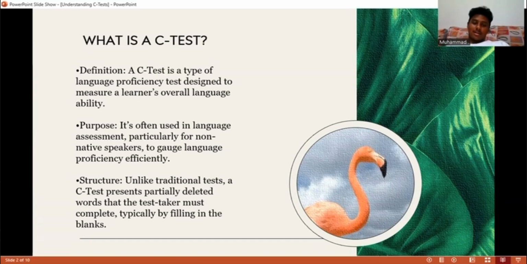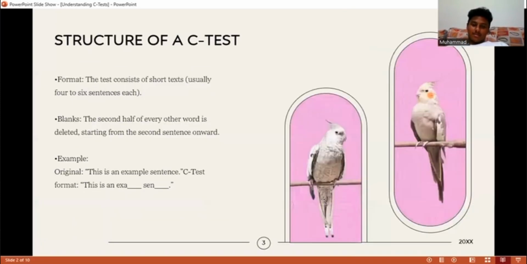Structure: unlike traditional tests, a C-test presents partially deleted words that the test taker must complete, typically by filling in the blanks.